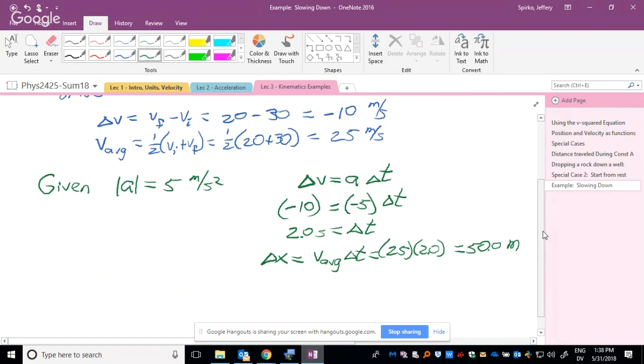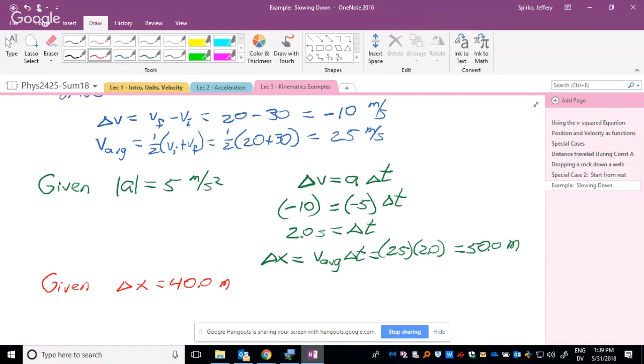So now I want to do a different version of it. What if we don't have 50 meters to stop? What if we only have 40 meters to stop? How do we make use of that?